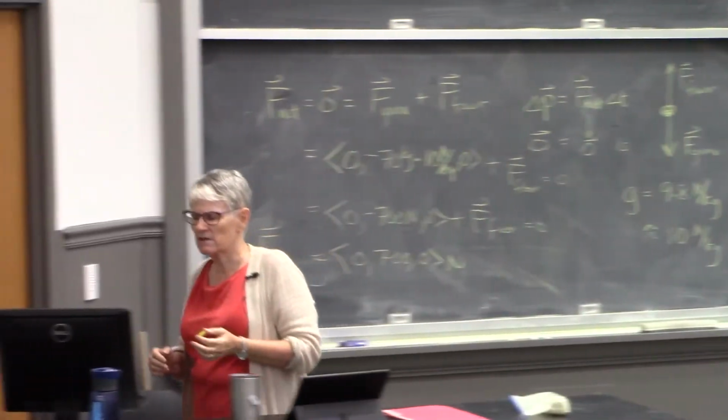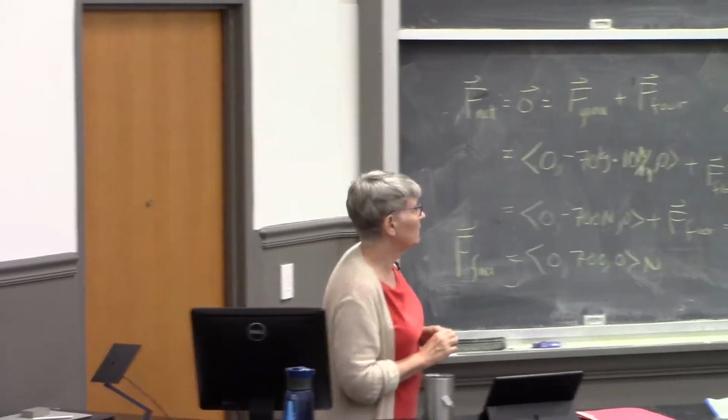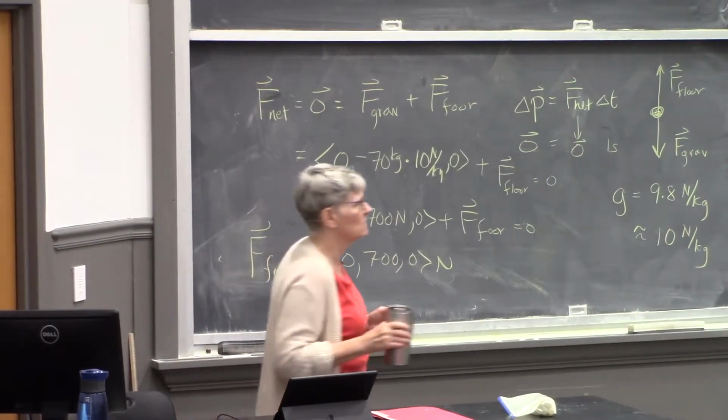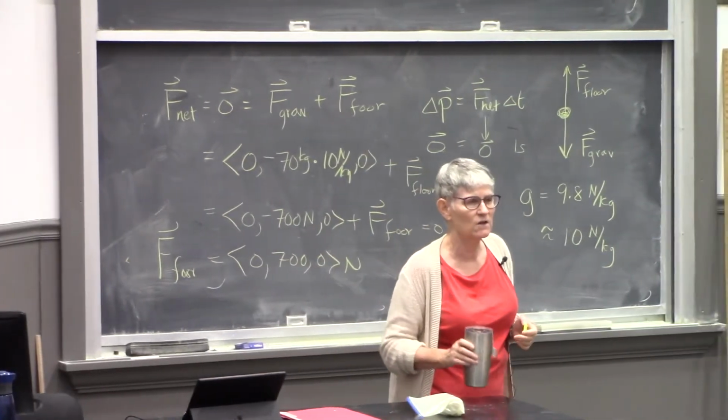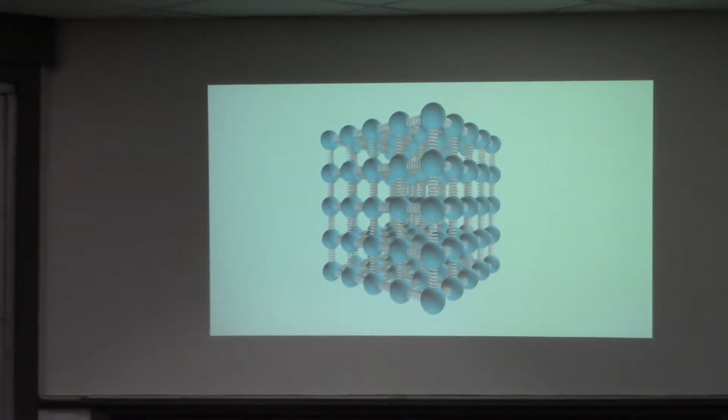For the purposes of our analysis, we're going to talk about a model of atoms in a solid that looks like this. We're going to assume a really simple arrangement of the atoms, with an atom at each corner of a cube. That's called a cubic lattice.